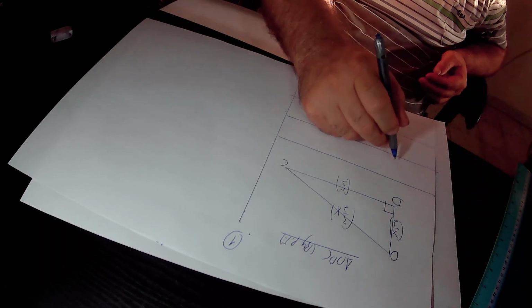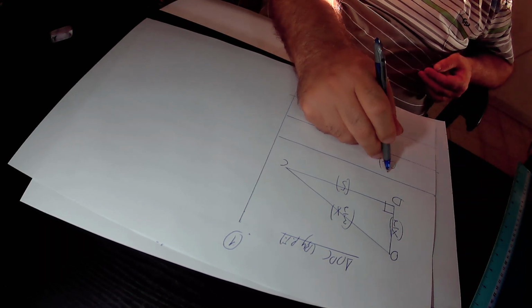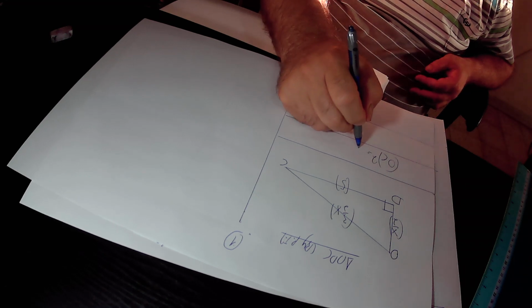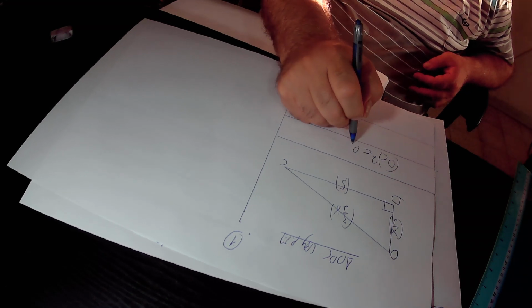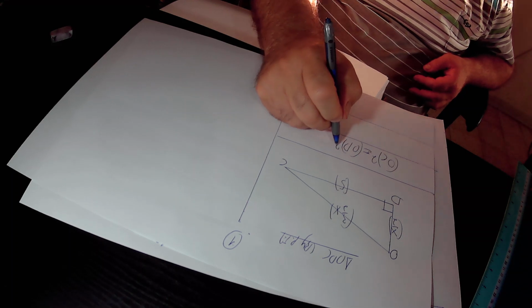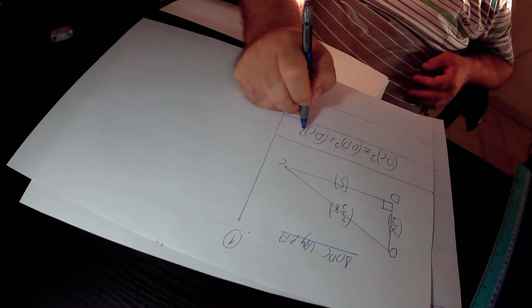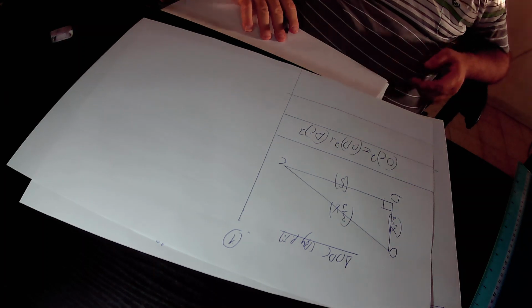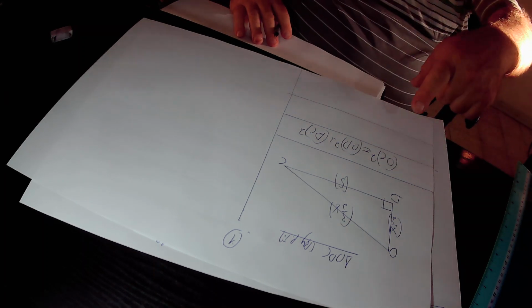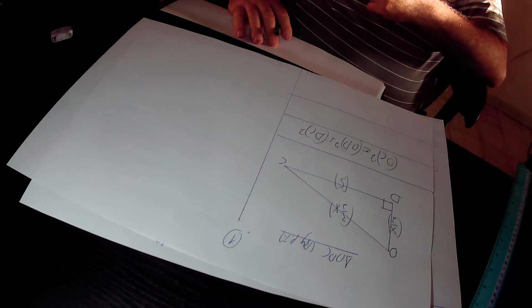OC squared, that is the square of the hypotenuse, equals OD squared plus DC squared. The hypotenuse OC equals 3 over 2 times x units in length.